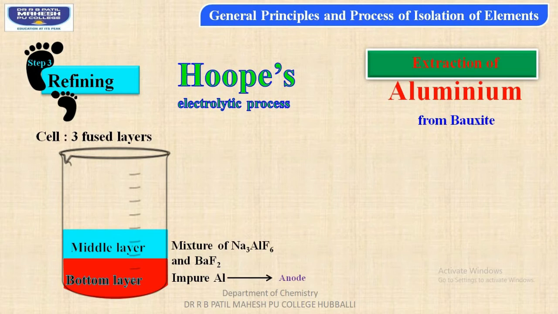of a mixture of trisodium hexafluoroaluminate and barium fluoride, which is the electrolytic mixture, whereas the topmost layer of this fused layer consists of aluminium, which acts as a cathode.